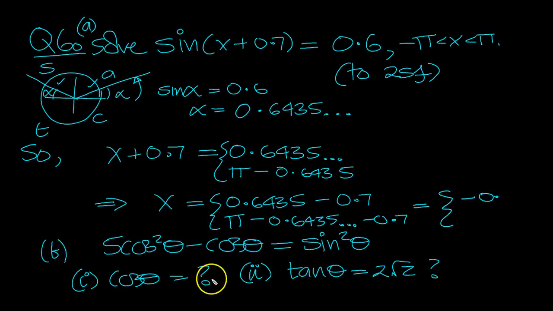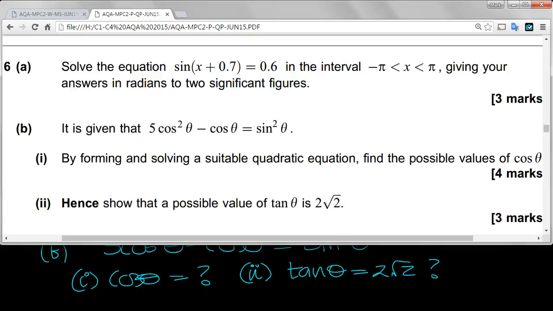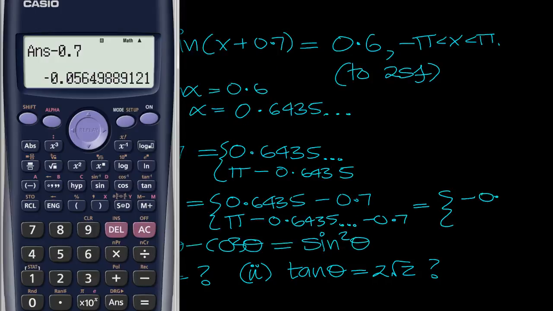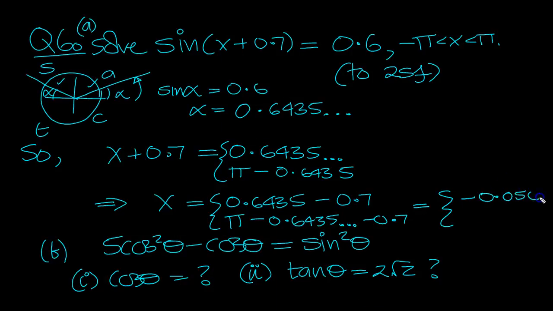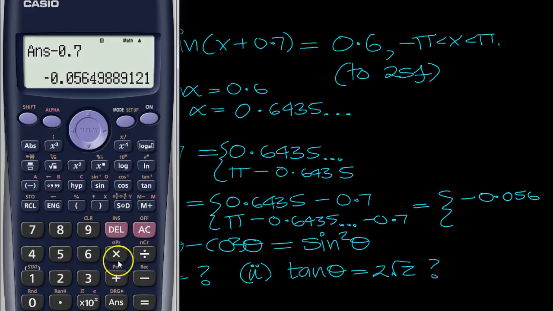Two significant figures, let's just get it. 56056 is the first one, and the next one would be pi minus 0.6435, should be accurate enough, minus 0.7. 1.798, two significant figures, 1.8.